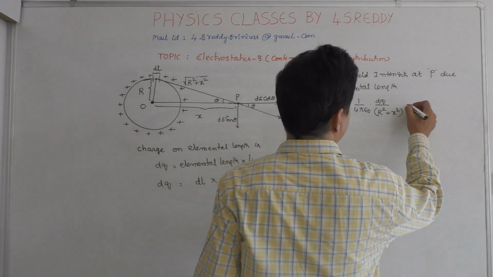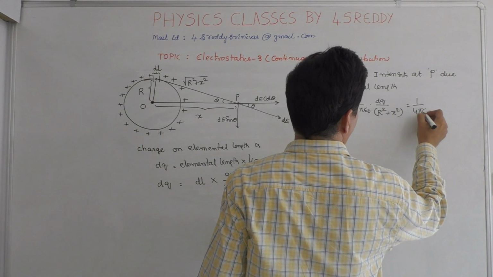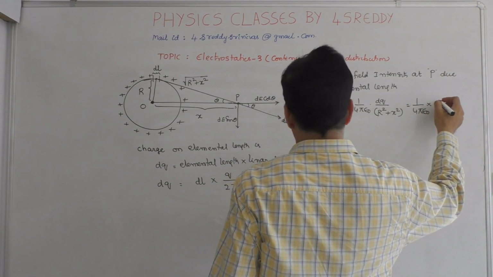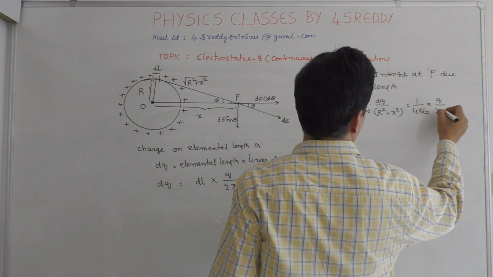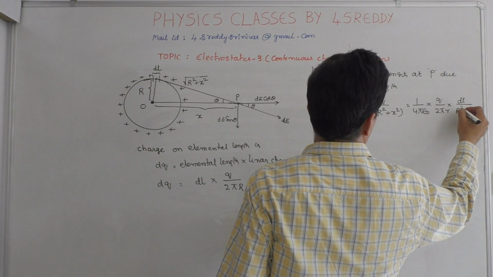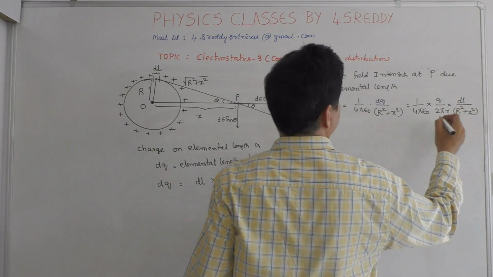This can be written as 1 by 4 pi epsilon naught into q by 2 pi R into dl by r square plus x square.